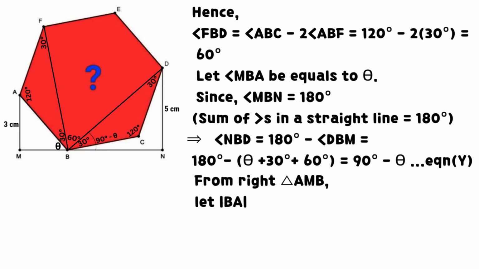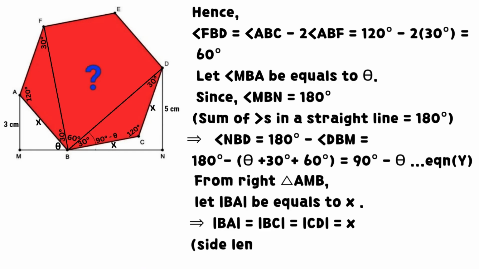From right triangle AMB, let line AB equal x. This implies that line BA equals line BC, which equals line CD. The result is equal to x. This is because side lengths of a regular hexagon are equal.